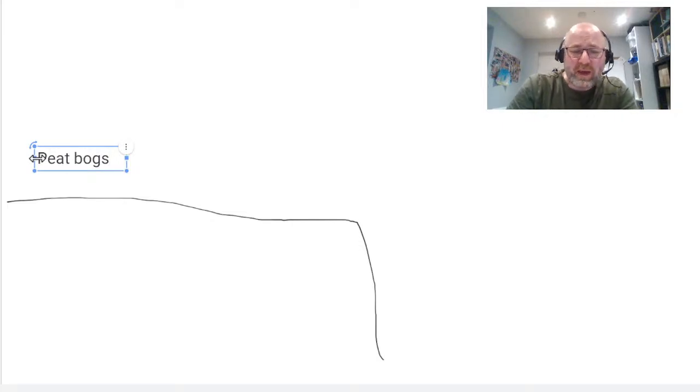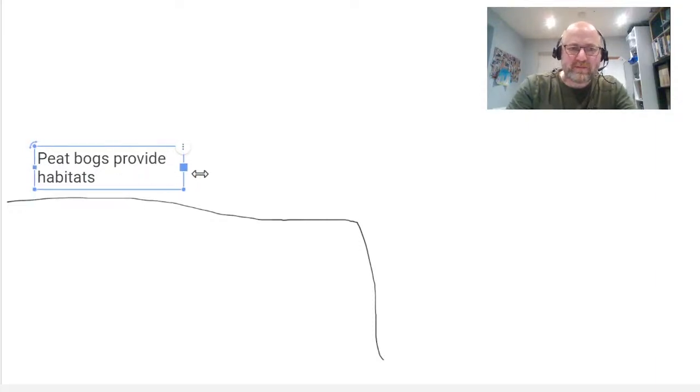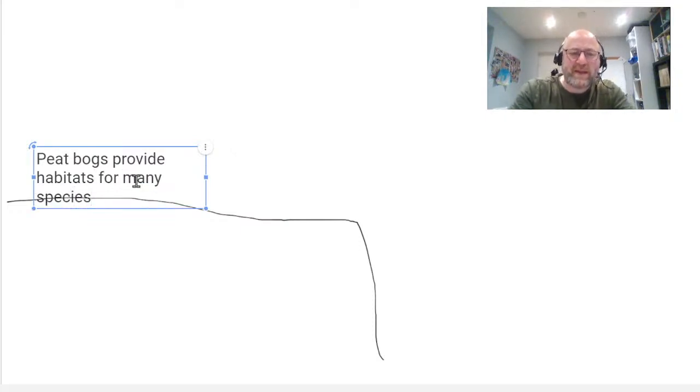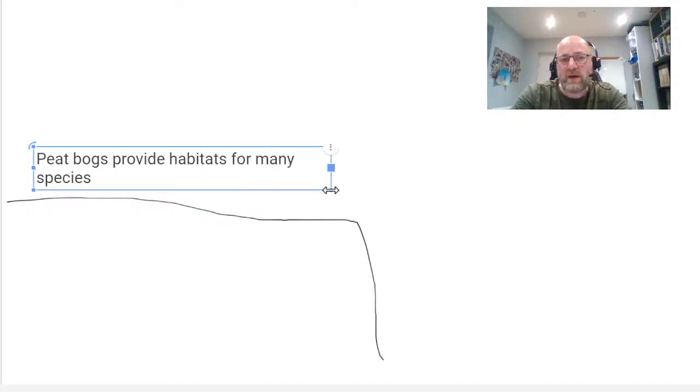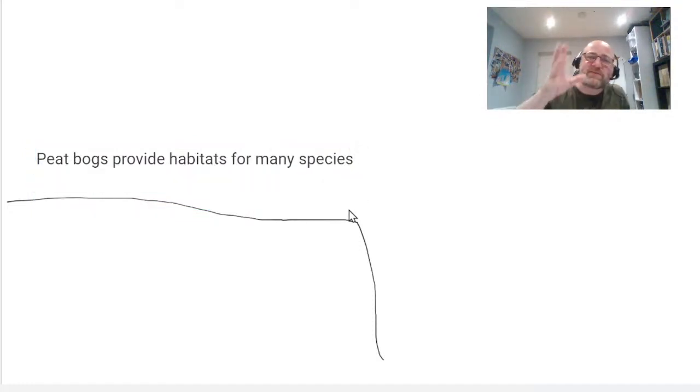Okay, so peat bogs provide habitats for many species. So you guys need to know that peat bogs provide habitats for loads and loads of species. Love to live in a peat bog, and if we destroy peat bogs, we're destroying the habitat for these species.